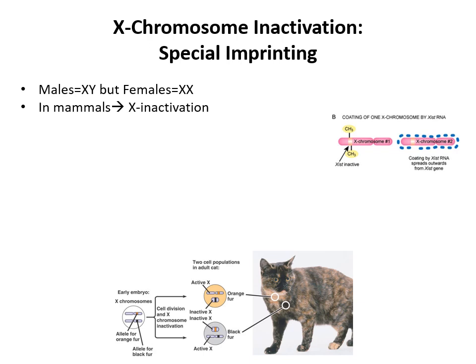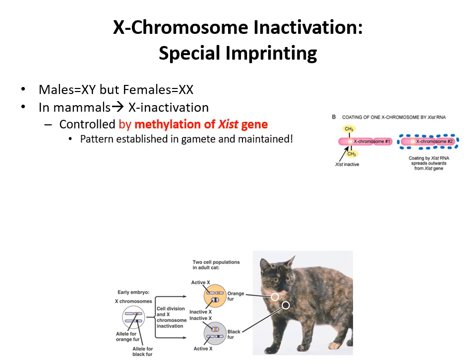In mammals, what they do is called X inactivation. So one of the X's in any organism that has XX chromosomes, one of those X's is inactivated. The way that it's inactivated, or completely turned off, is through the methylation of what's called the Xist gene, okay?